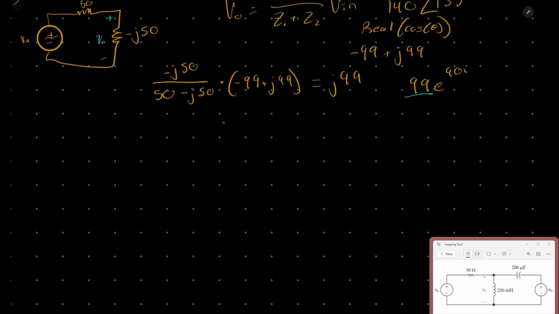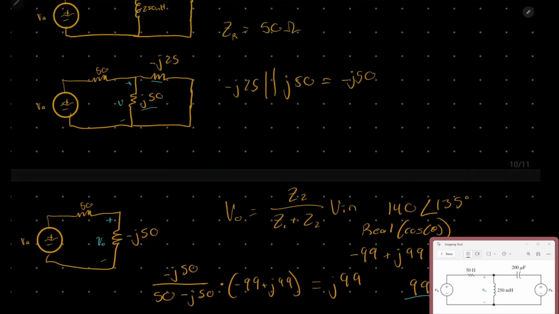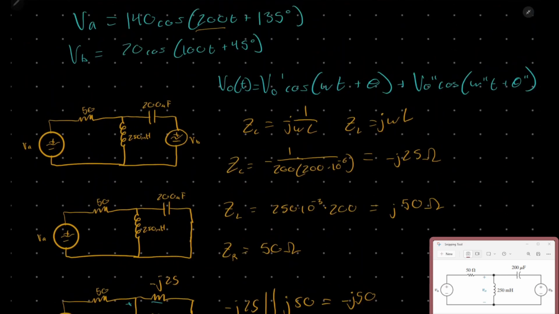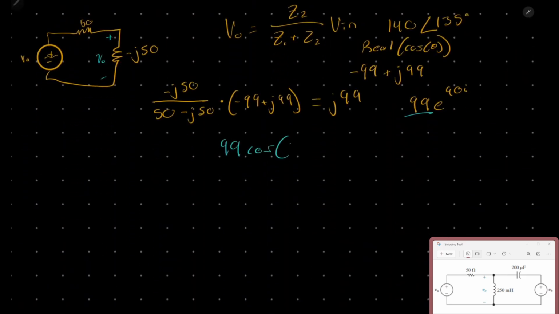So it's going to be 99 cosine, and then we will use the same frequency from above, or w, which was 200t plus, and then right here, this is our angle.